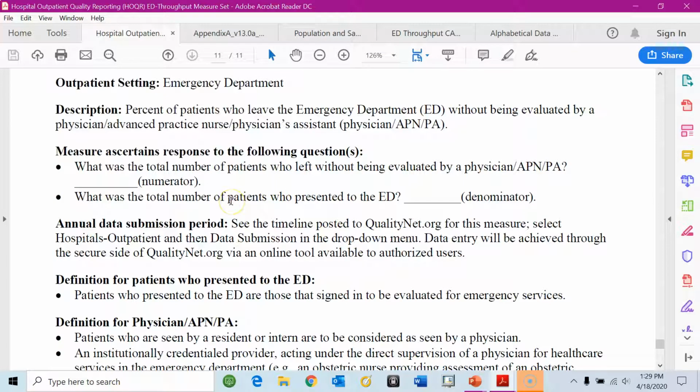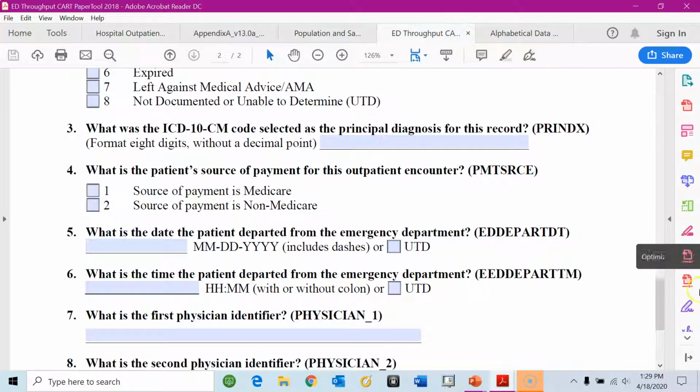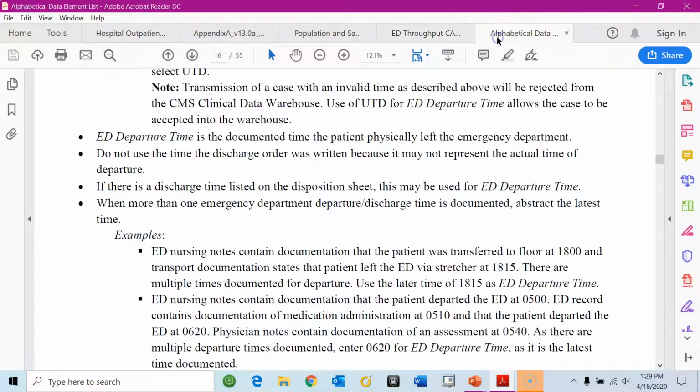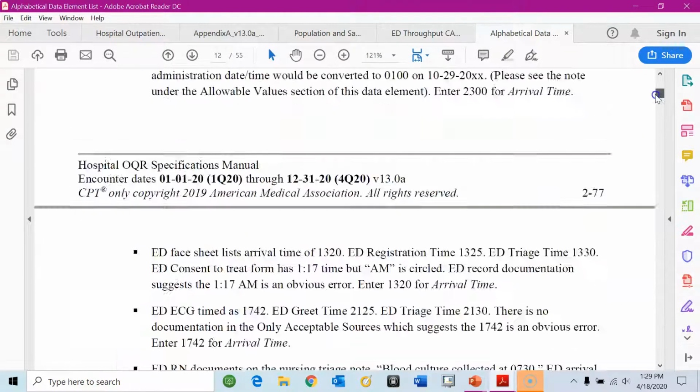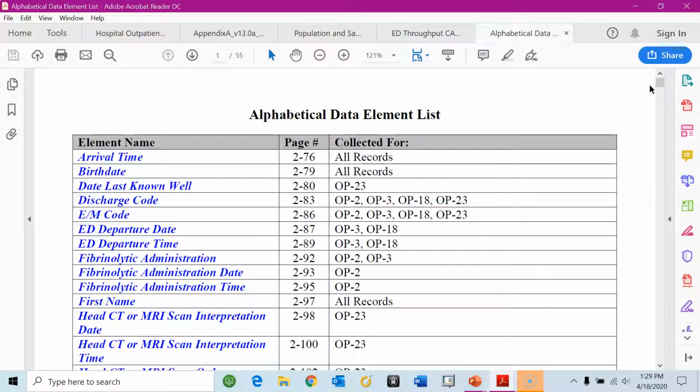Okay, to kind of recap, first thing you're going to do is determine your population. And then you want to follow the instructions correctly from this alphabetical data list to answer the element questions.